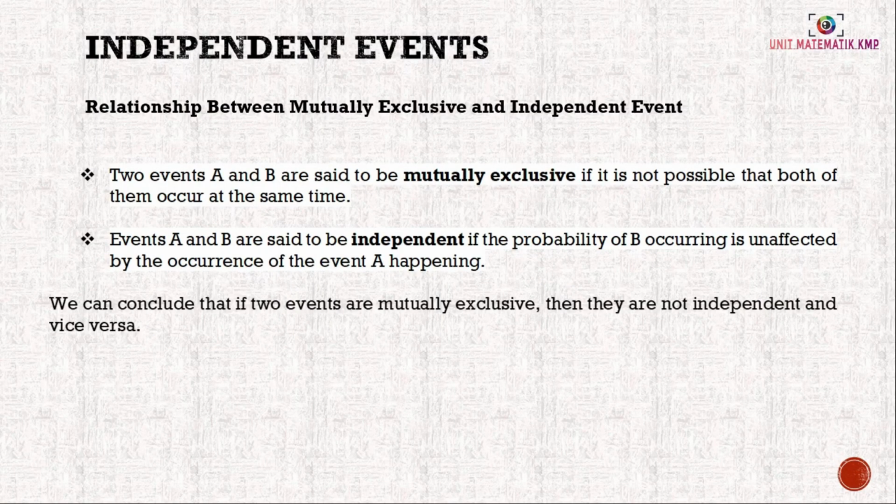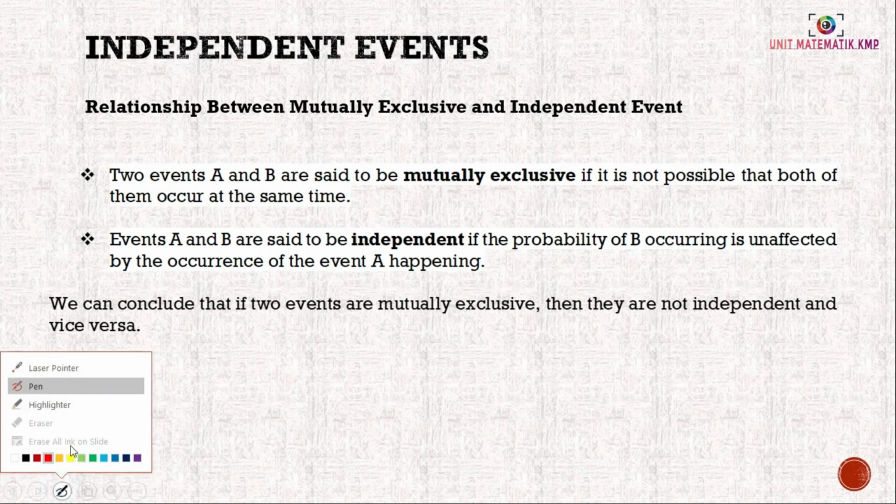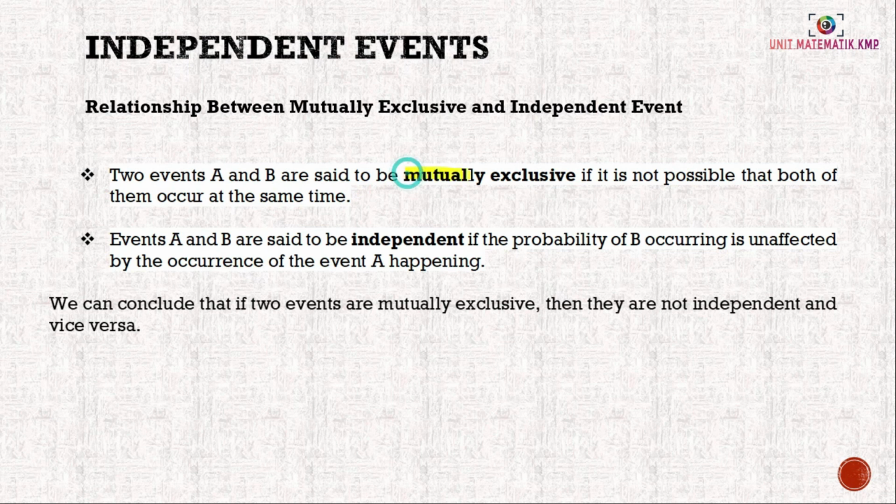Okay, now we will take a look at the relationship between mutually exclusive and independent event. Okay, from the previous video, we have learned mutually exclusive. So two events A and B are said to be mutually exclusive if it is not possible that both of them to occur at the same time.